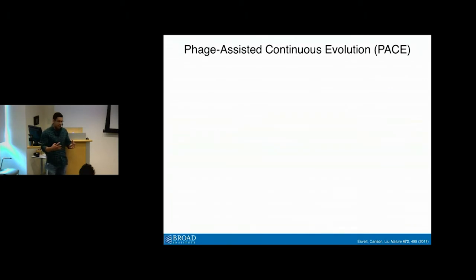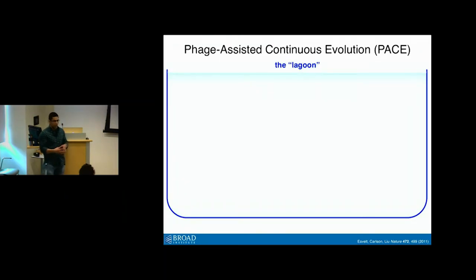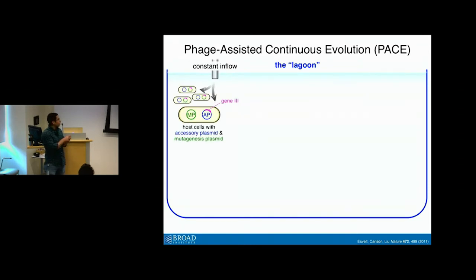So when we put all of this together, we come up with a system which we call Phage-Assisted Continuous Evolution, or PACE. And this is very simplistically how it works. Everything occurs in a constant volume vessel, which we call the lagoon. So this is effectively media at this point. We then flow in these cells that have been engineered to have a number of different properties.